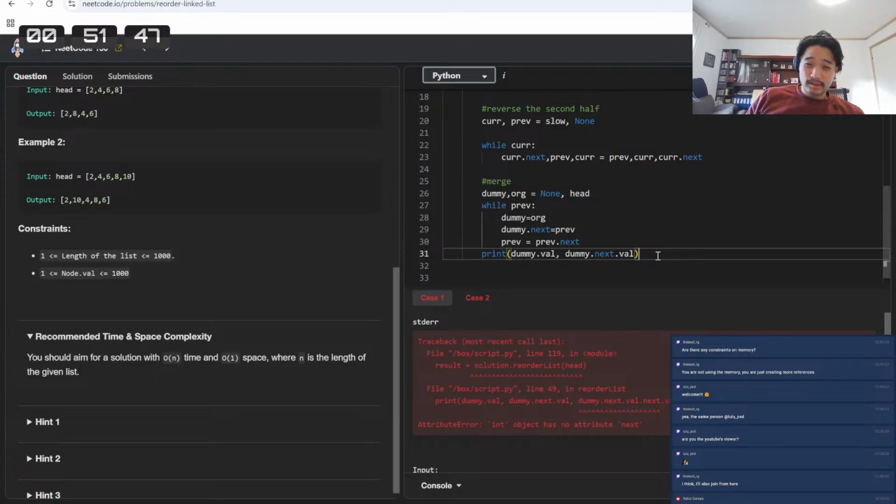Why am I struggling with this? I'm just merging them together. Why is that so difficult?